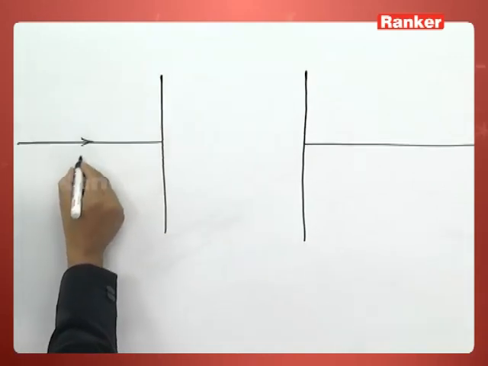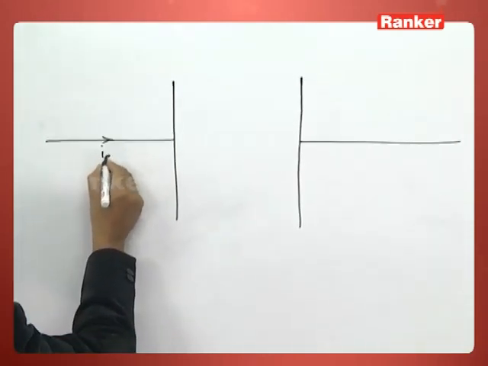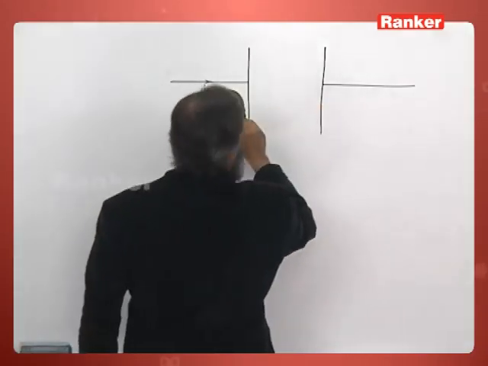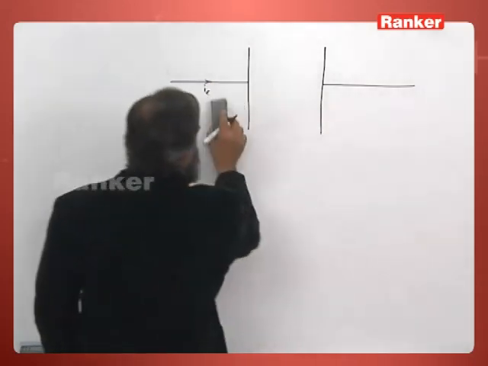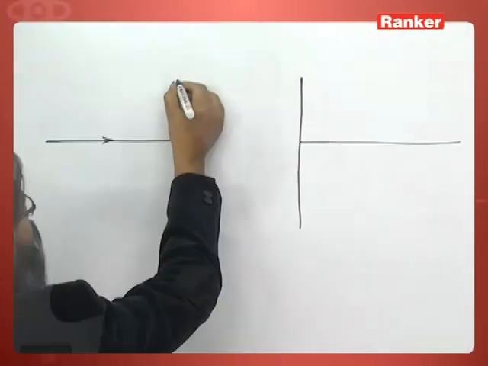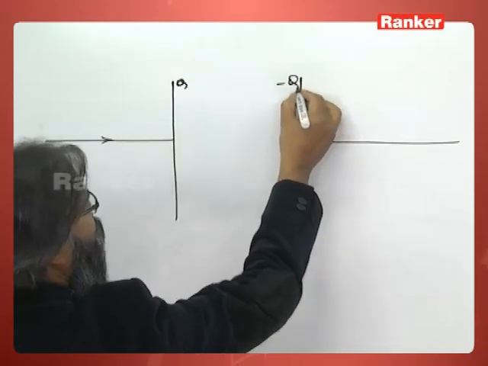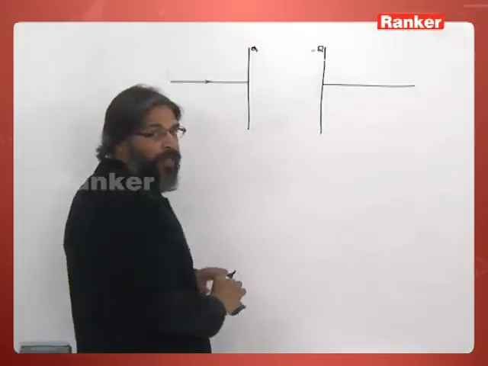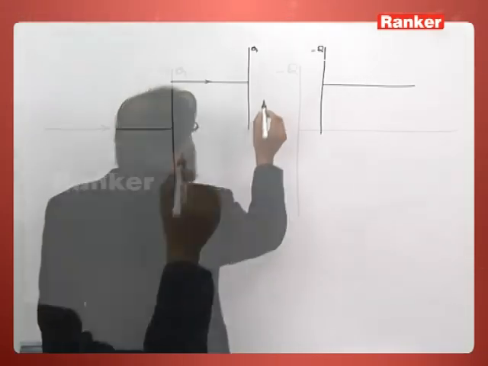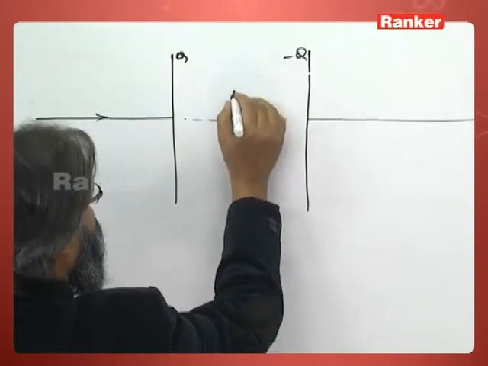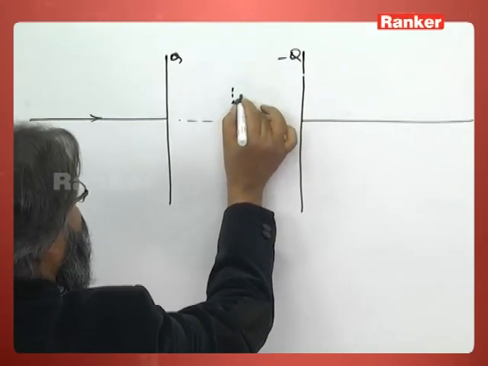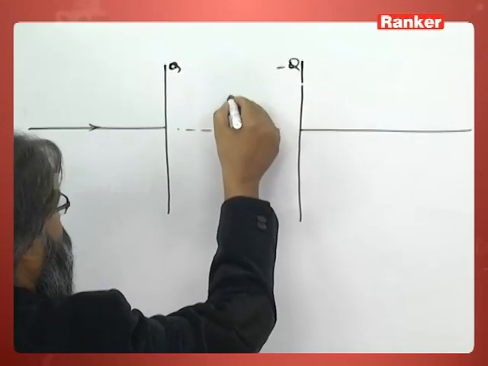So, you see this is I_C, some current is flowing, and suppose at some instant the charge is Q and minus Q. I am interested in calculating the magnetic field at this place.